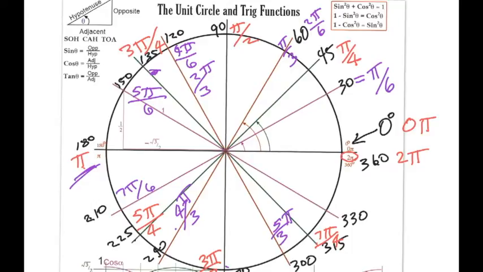And 330 is going to be 11/6 pi. You don't get into that very often, but 11/6 pi is 1/6 pi short of 2 pi.